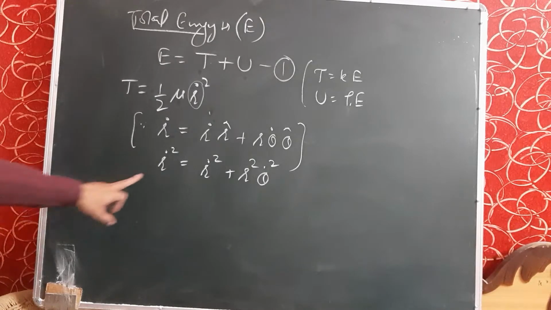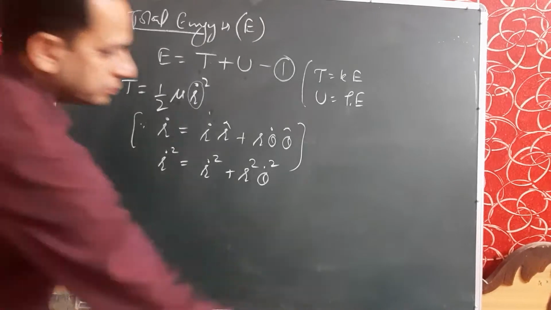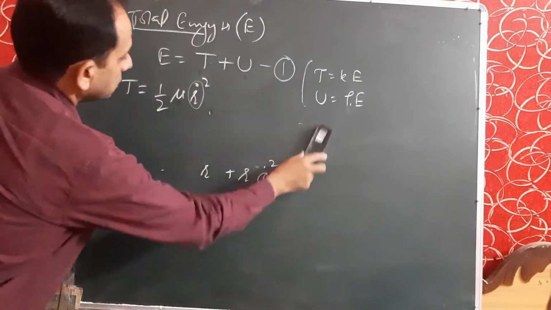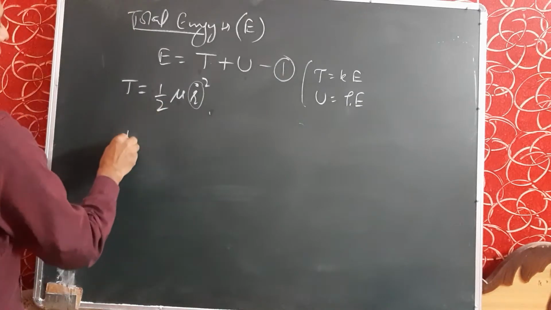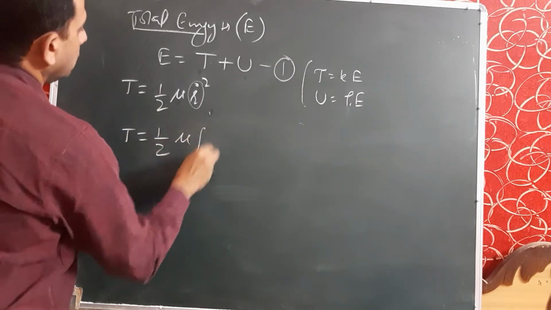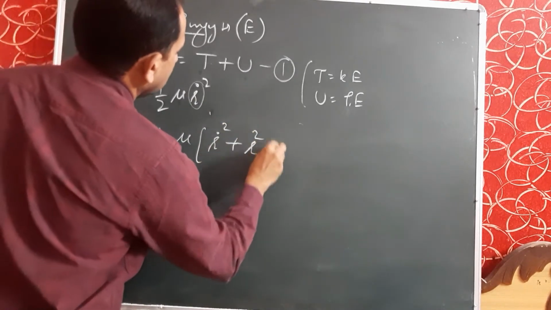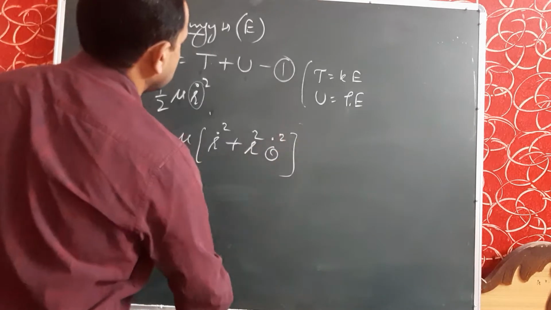So this is the magnitude of velocity. We will put this value in this equation, and kinetic energy becomes half mu into r dot square plus r square theta dot square.